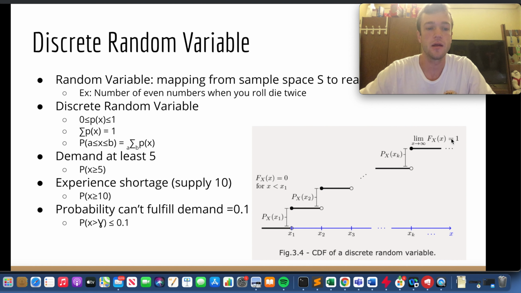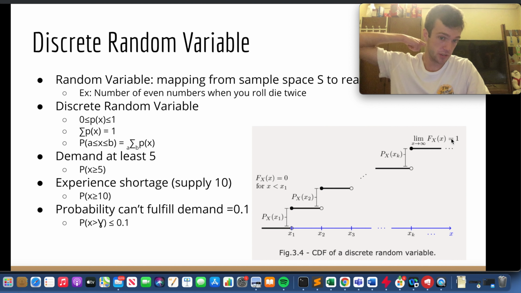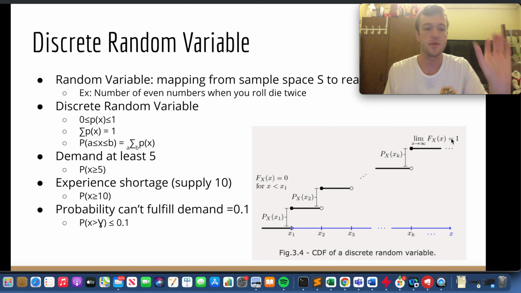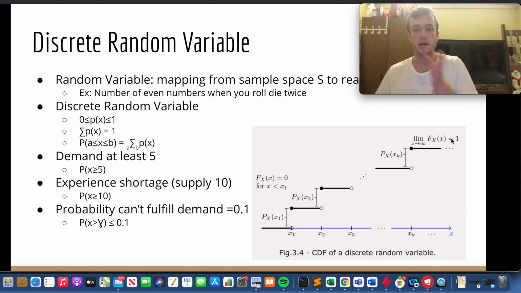So we want the probability of x greater than gamma, gamma being the demand that we can't fulfill, to be less than 0.1. So it's choosing where we want our supply to be so that the probability of demand being greater than that amount is less than 10%.